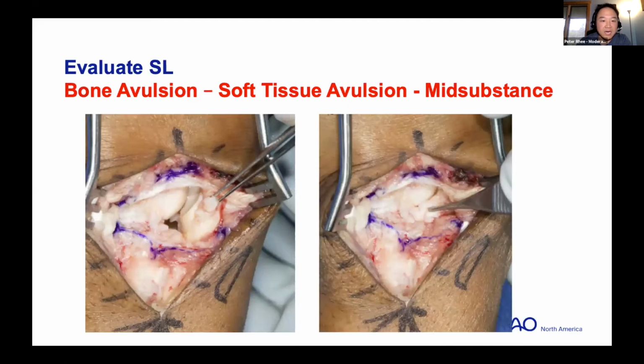And then we would examine the SL and just decide where it is avulsed off. Is there a bony fragment? How are you going to repair it? And here with the fingers going up to the top, you can see that scaphoid, the proximal pole dislocated and now being reduced on the right here.